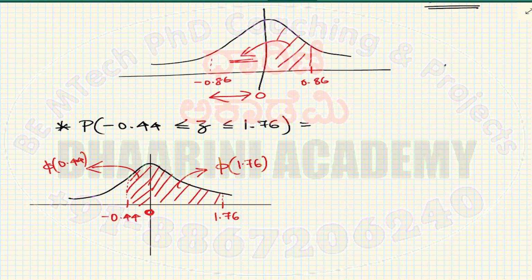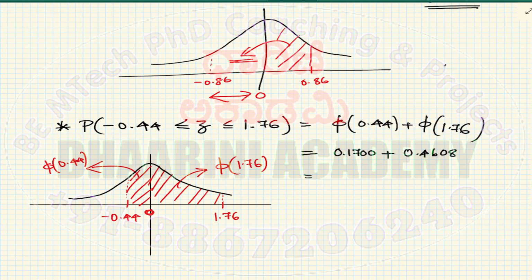So now we can calculate this probability by just adding phi of 0.44 plus phi of 1.76. This is the required probability.